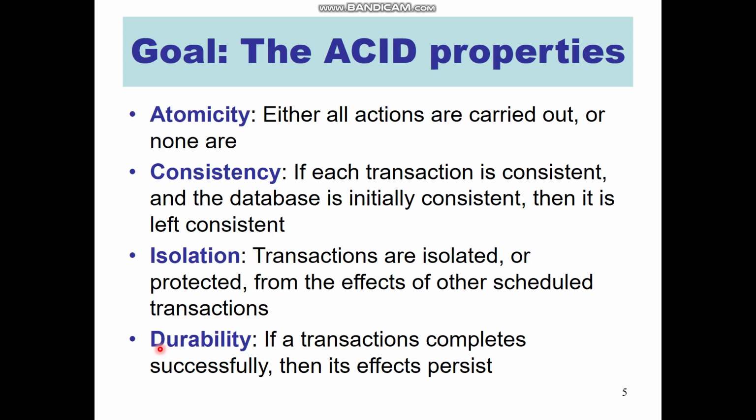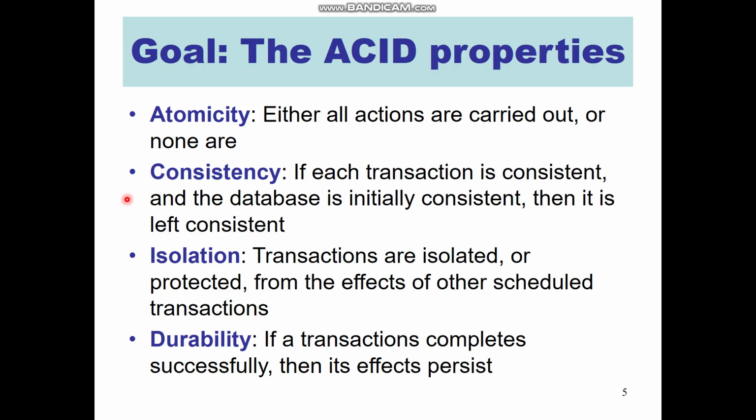The basic properties of a transaction are the ACID properties, which are atomicity, consistency, isolation, and durability. Atomicity is when you are performing an action and you have, for example, 4 or 5 queries on that action. All the actions need to be performed or no action should be performed. Consistency is if each transaction is consistent and the database is initially consistent, then it should be consistent at the end of the transaction.